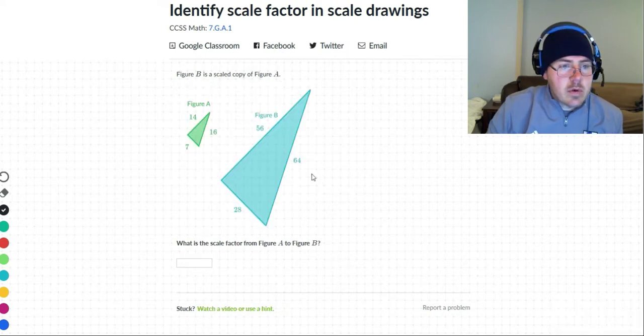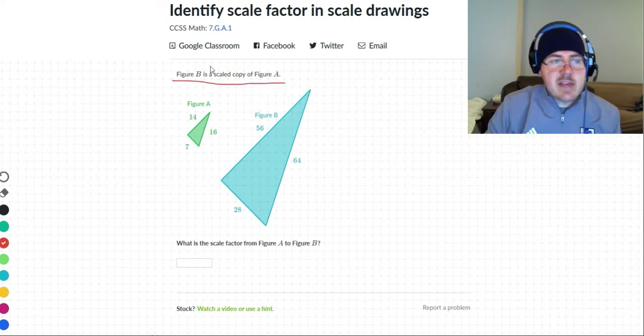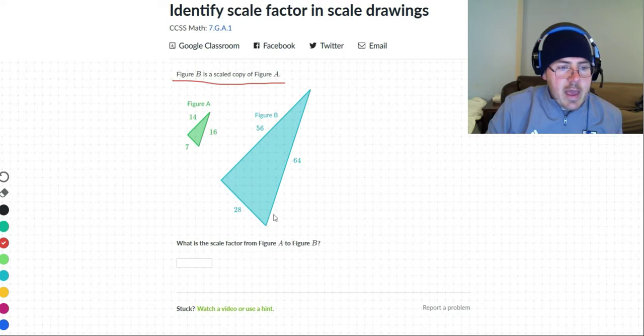So here we go. Figure B is a scaled copy. Right here, they're telling us that they are similar shapes. That's why they had to say this. What is the scale factor from A to B? We're going from A to B. It said it right there. That's really important. Now we can pick any side length we want.